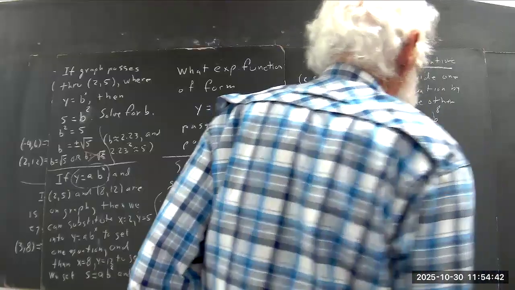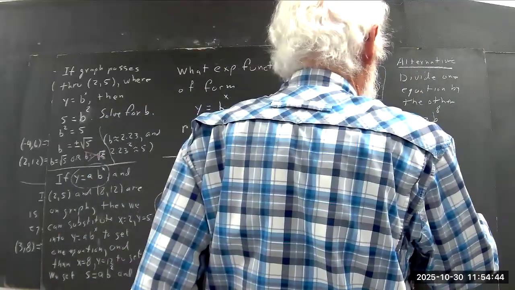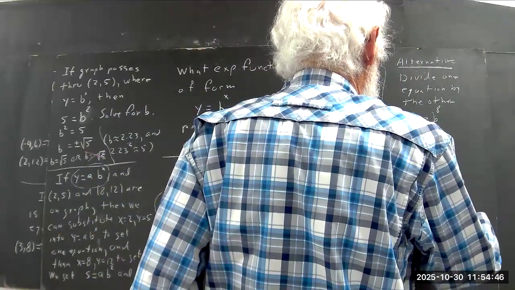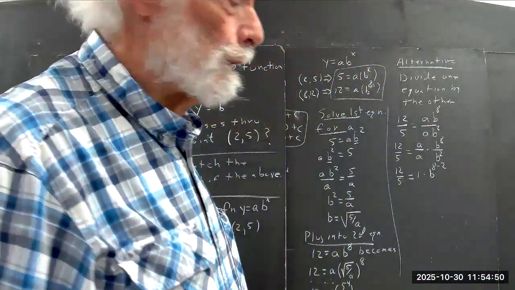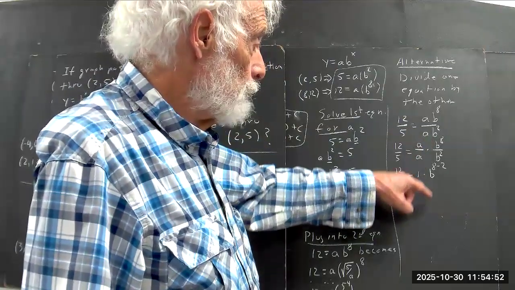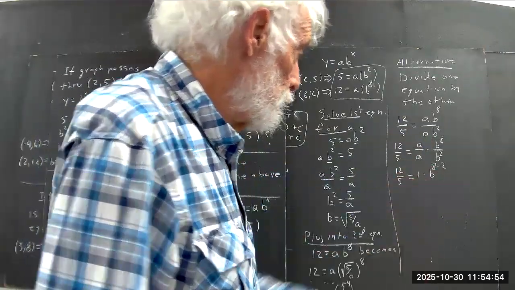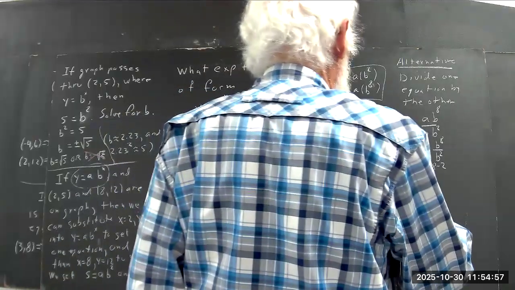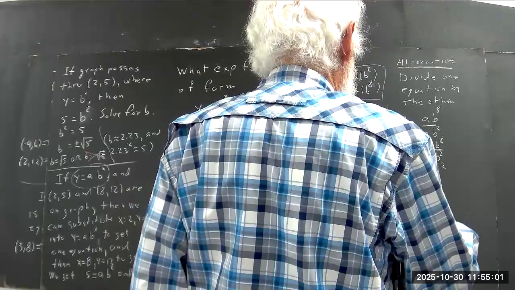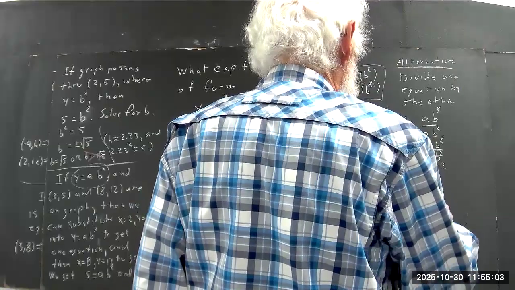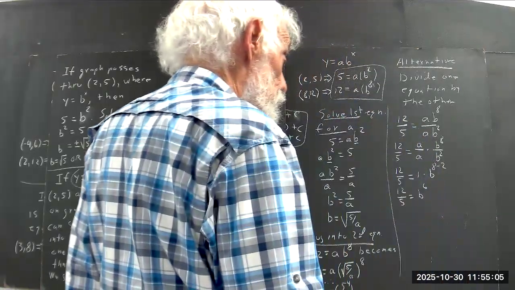What's B to the 8th divided by B squared? Well, we use a rule for exponents. B to the 8th divided by B squared is B to the 8 minus 2. 12/5 equals B to the 6th.